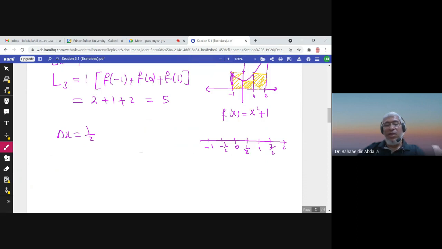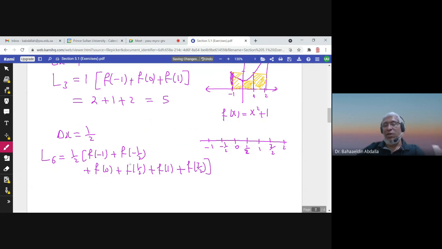This time, the width is half. The height of the first rectangle would be f of negative 1, not f of negative half, plus f of negative half plus f of 0 plus f of half plus f of 1 plus f of 3 over 2. And these are the 6 rectangles.